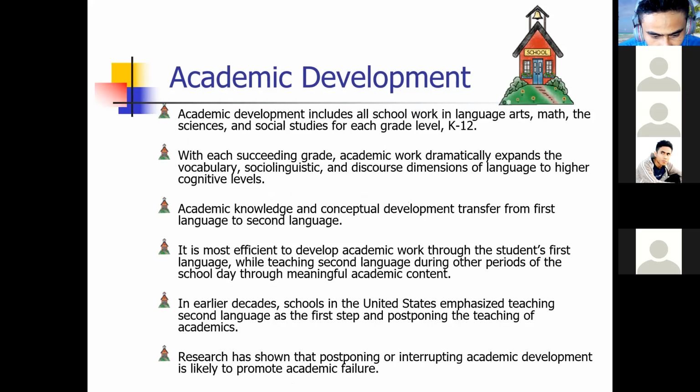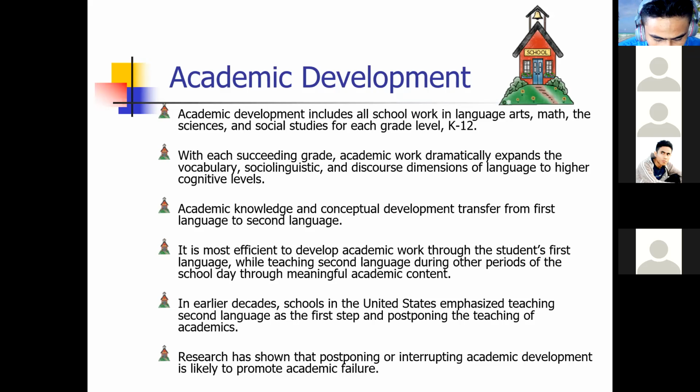And next, academic development. Academic development includes all schoolwork in language arts, maths, science, and social studies through 8th grade level. With its succeeding grades, academic work dramatically increases the vocabulary, sociolinguistic, and discourse dimensions of language to a higher cognitive level.